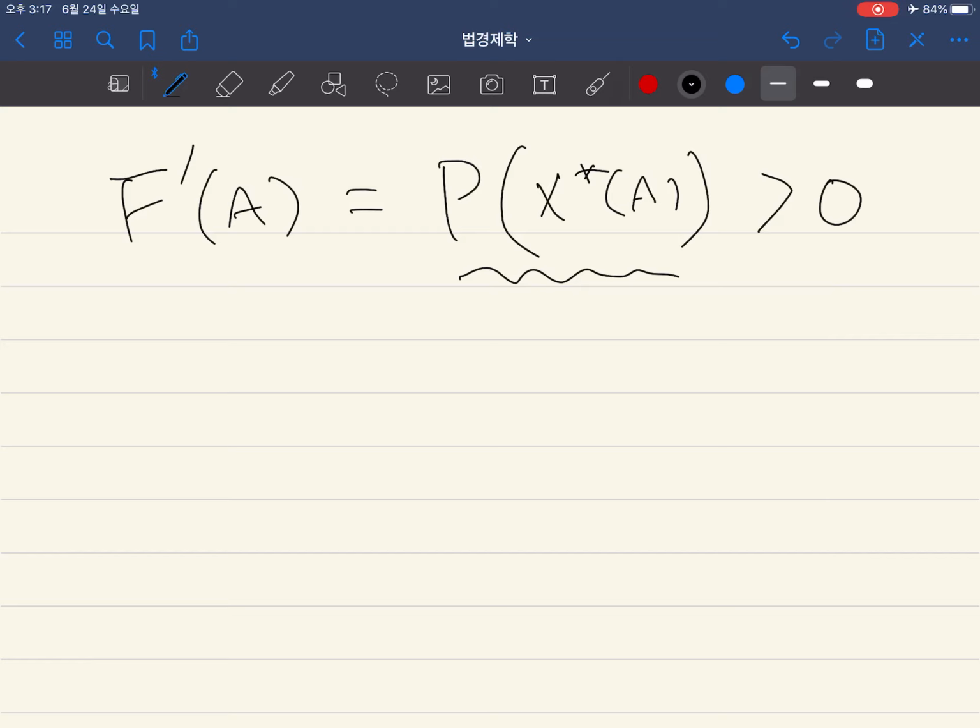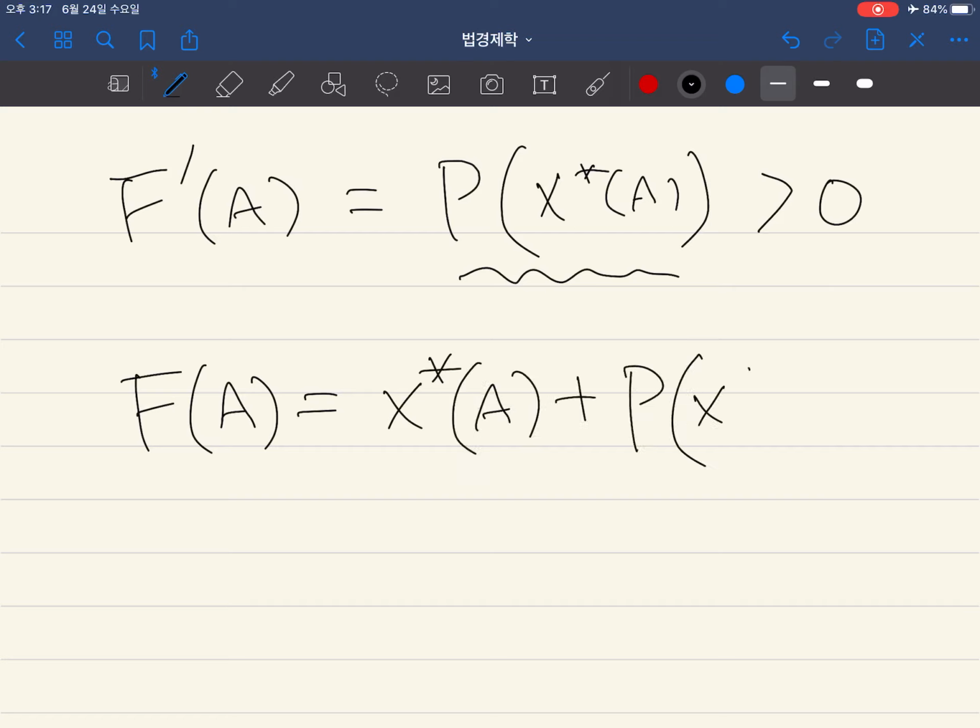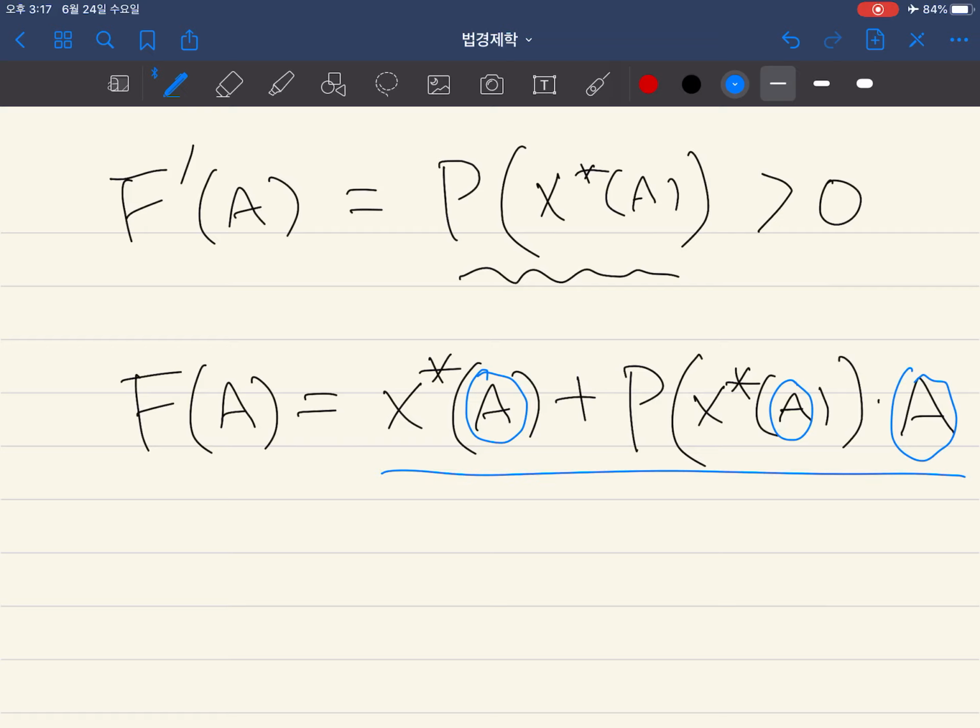So in other words, our f function, so what was our f function? So this is our f function, and the first derivative is positive, so it means if this number a gets bigger, this expression gets bigger.